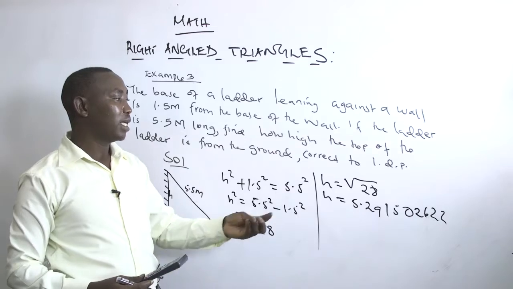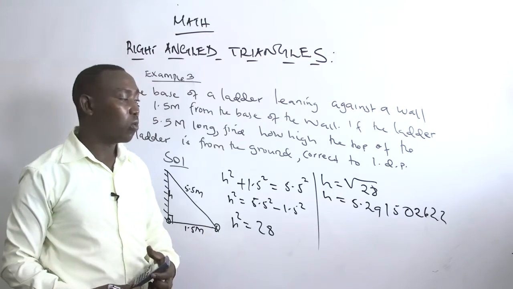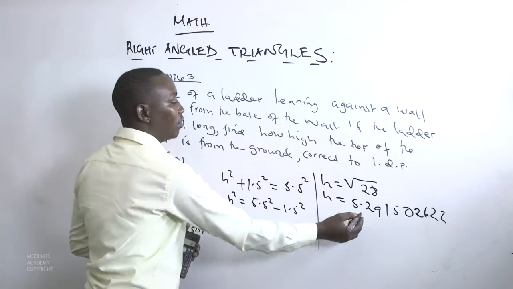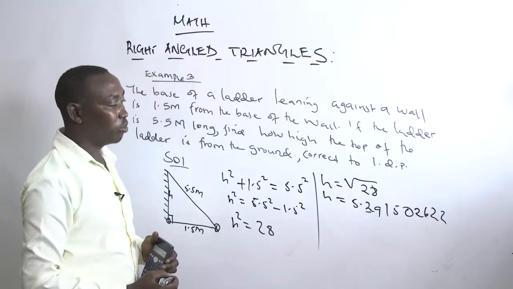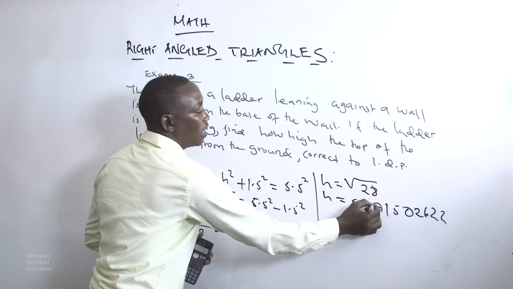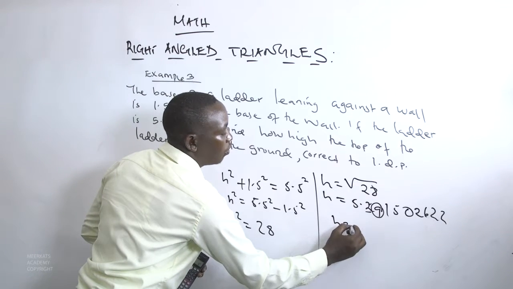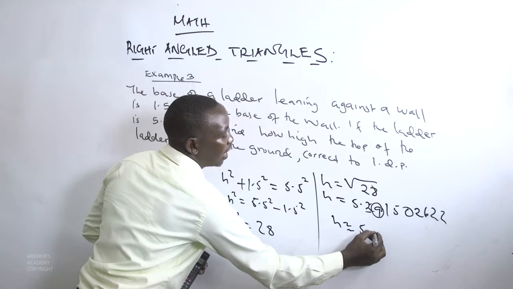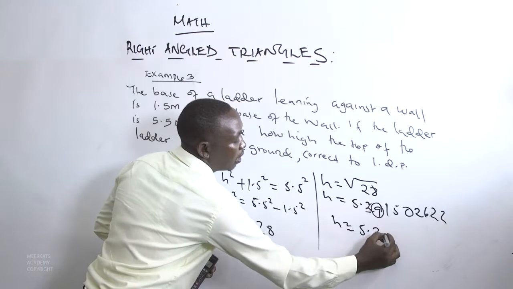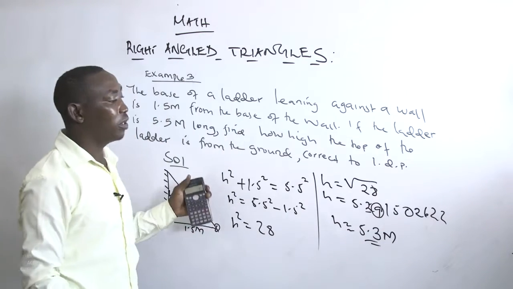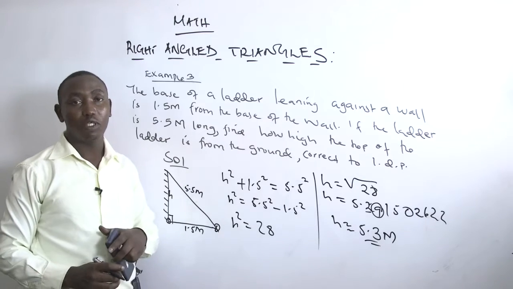But the question requires us to write our answer correct to 1 decimal place. So we count 1 digit after the decimal place, and we consider the next one. It's more than 5, therefore it's going to affect the 2. So height will be approximately equal to 5.3 meters, because the units in this case were meters.